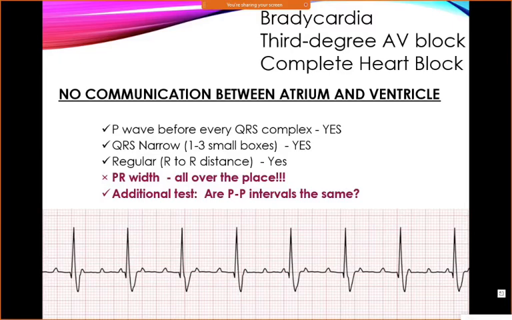And our heart rate is only what the ventricle is deciding to do for itself. The ventricle has to take over and make its own rate. And in third degree heart block, if the ventricle decides to slow down, then your whole heart rate slows down. The atrium, the pacemaker cells are gone, basically. You have no longer any pacemaker, or the pacemaker is not communicating to the ventricle.